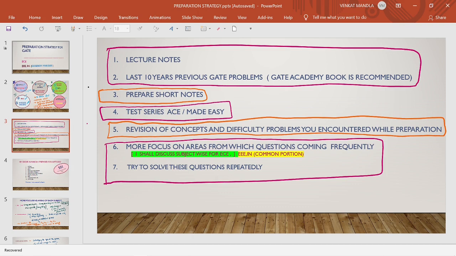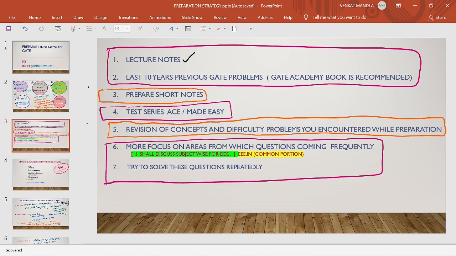After selecting the subjects that you are going to prepare and start, how to prepare? I'm assuming that you have already taken coaching in some institute, or at least you already have some material in your hand to study. So first you go through the lecture notes.